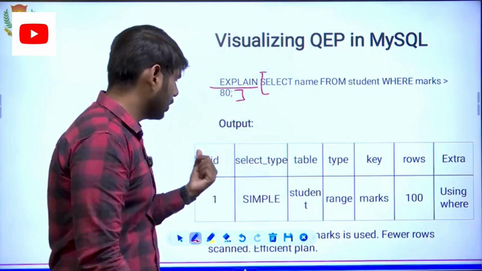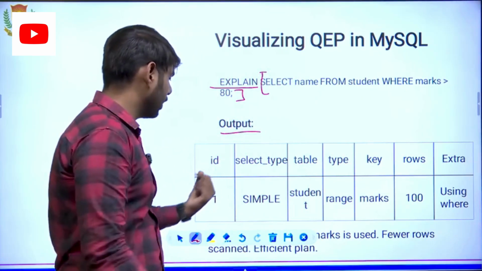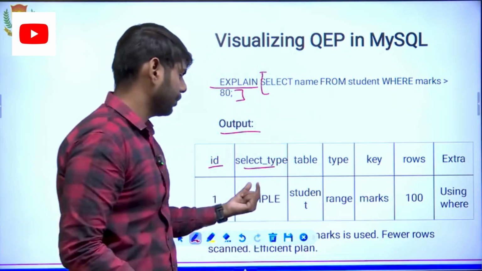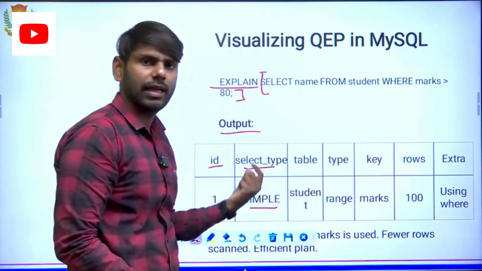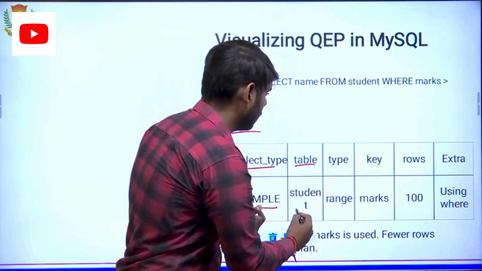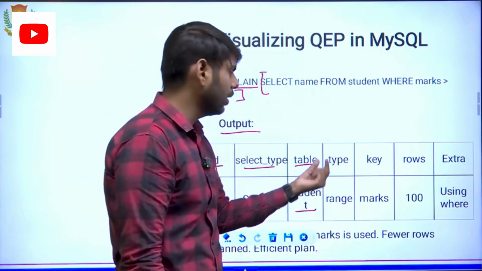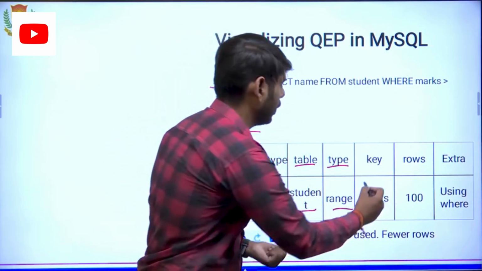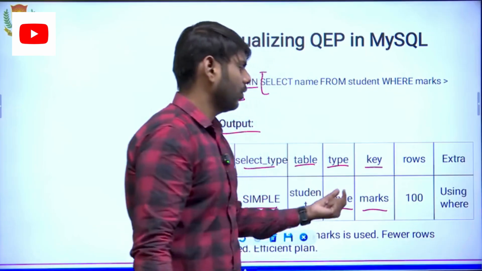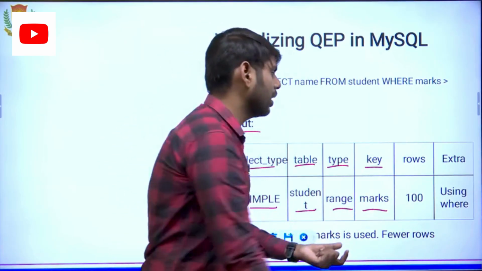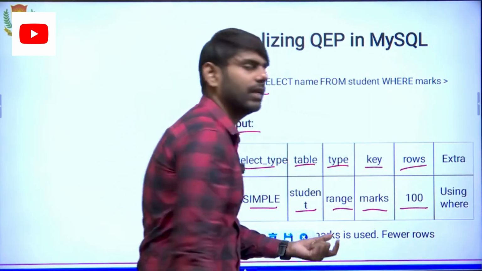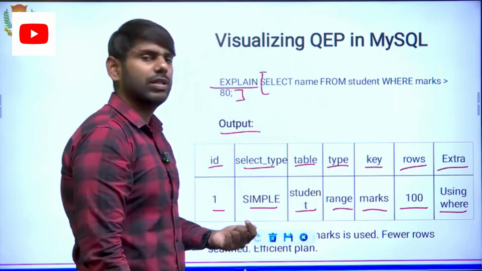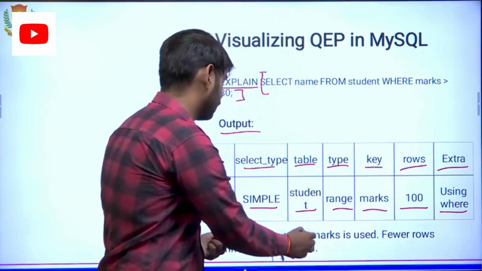In the output you will see that the ID is 1, the select type is simple, the table is student, and the type is range. For key, we are using the marks key, the rows processed are 100, and extra is using where; we are actually using the where clause.